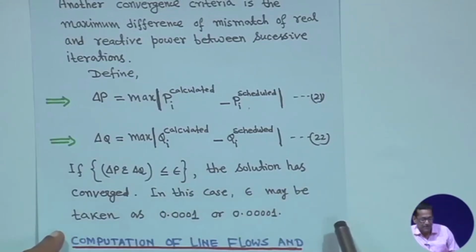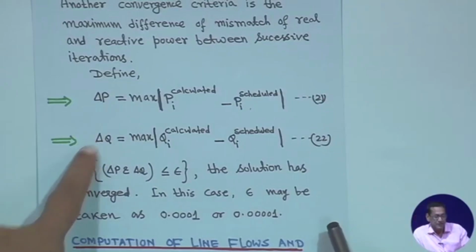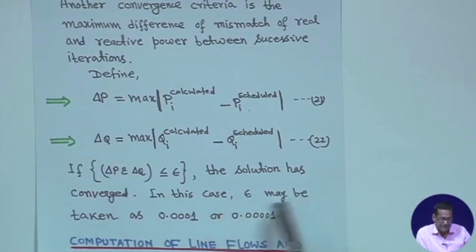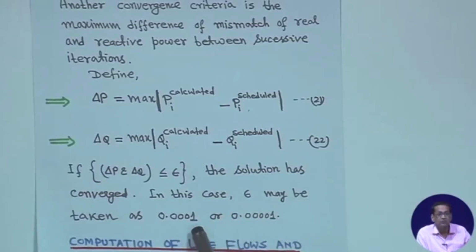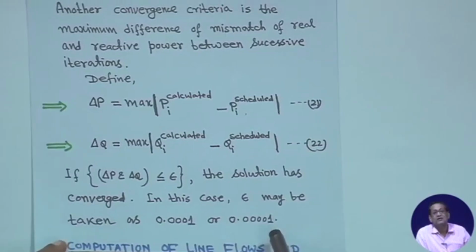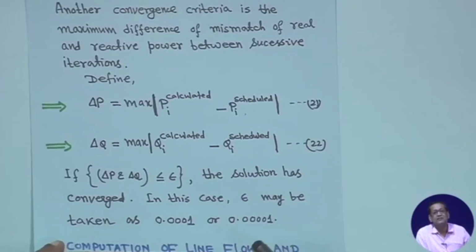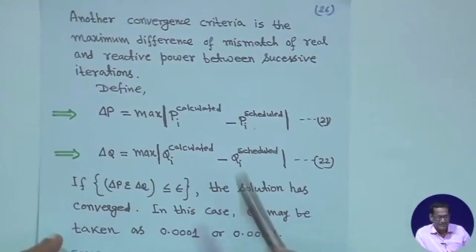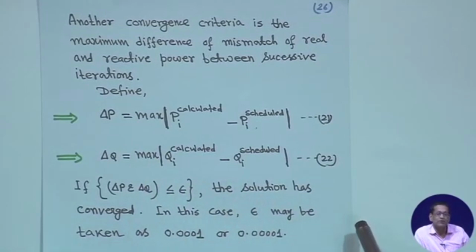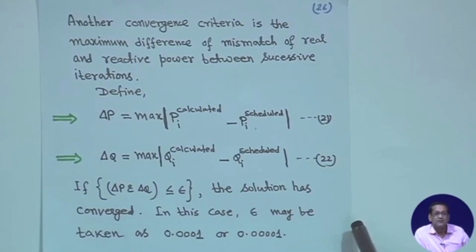Both together should be less than epsilon. In this case, epsilon may be taken again as 10 to the power minus 4 or 10 to the power minus 5, depending on the accuracy. So, these are the two ways of convergence criteria I told you. Thank you, next we will come.